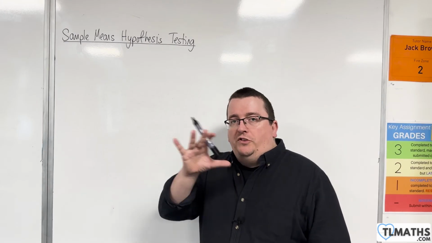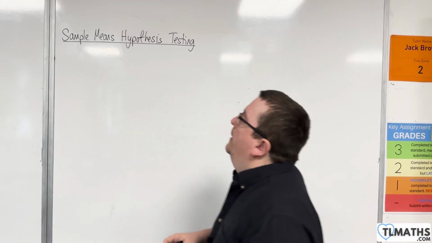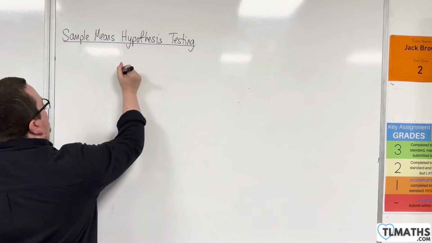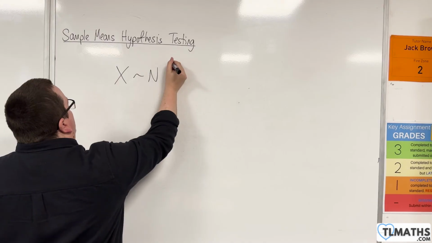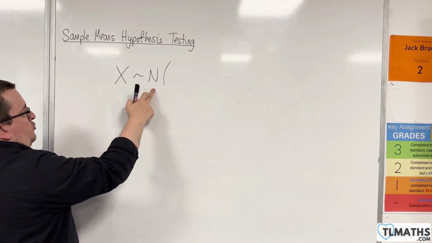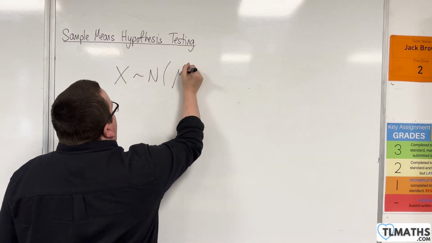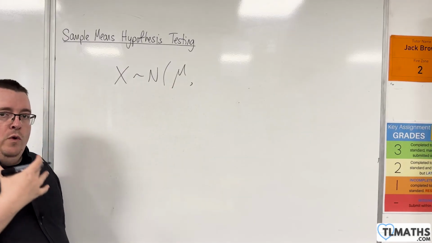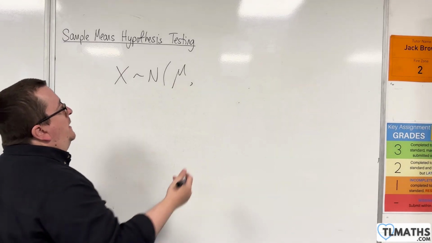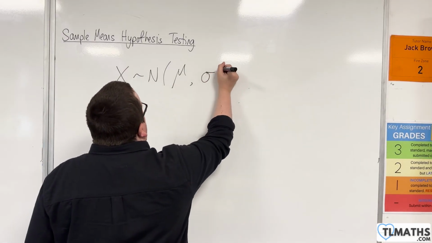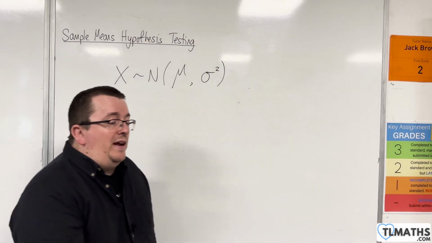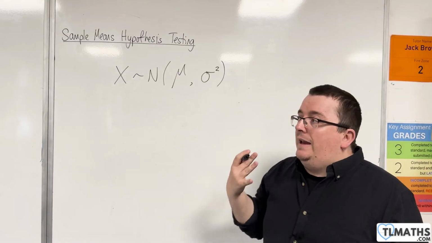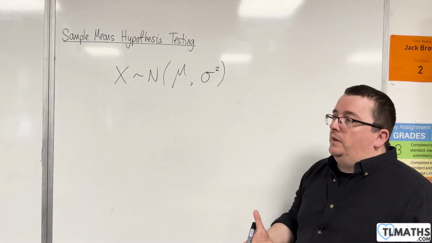So notation wise, what we're looking at is a population, so this is our population of fish in the lake, which is normally distributed with a mean mu, which we are told in the question, and a variance sigma squared. So you might get told either the standard deviation or the variance in the question, but you will get told one or the other.